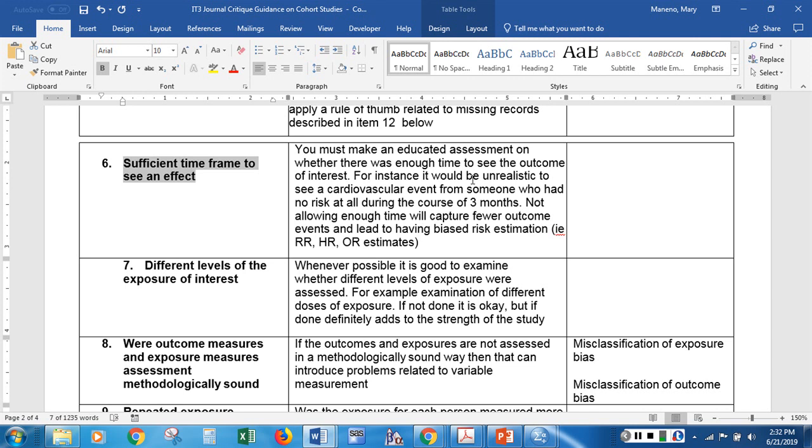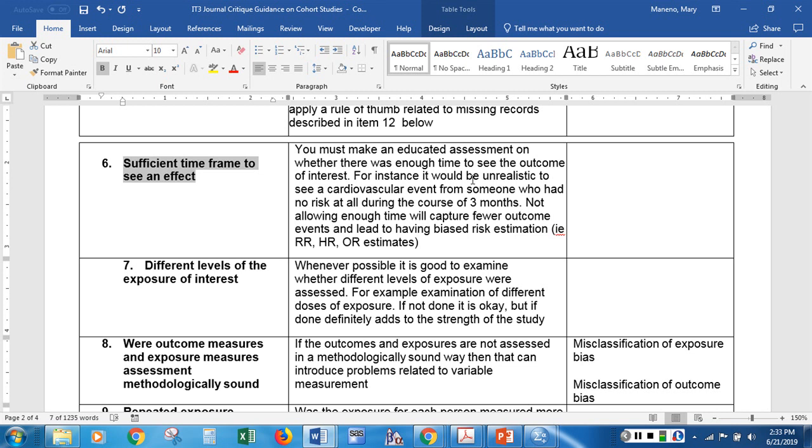In real time, for someone who's relatively healthy, it can take 10 to 20 years for cardiovascular disease to actually manifest itself naturally. So that's not enough time.